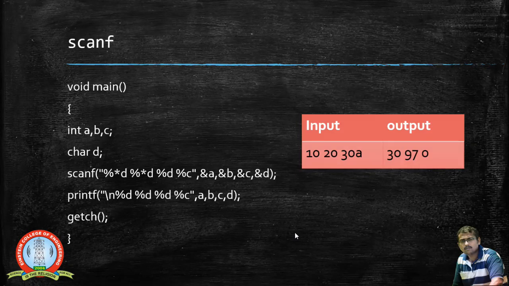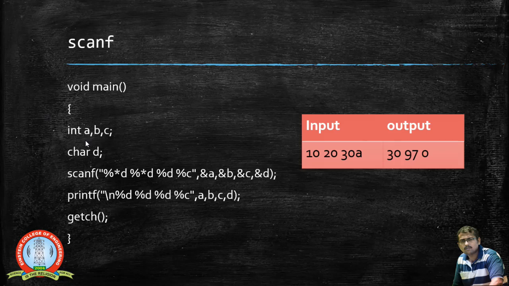And similarly, when you use a star, as we said earlier, when you use a variable with star, it suppresses the input.